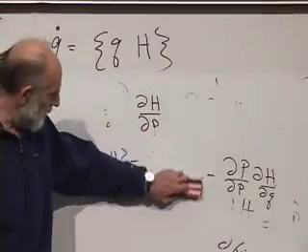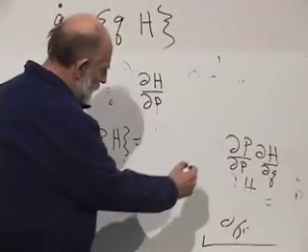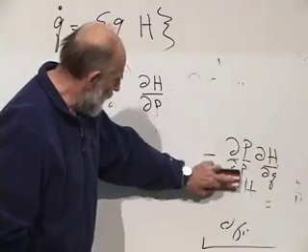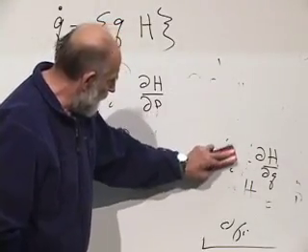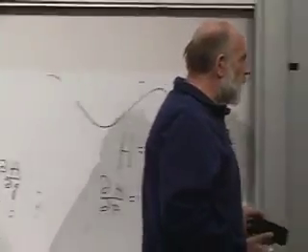What's dP by dQ? 0. And dP by dP? I think I just erased the minus sign. 1. So that's the other of Hamilton's equations.